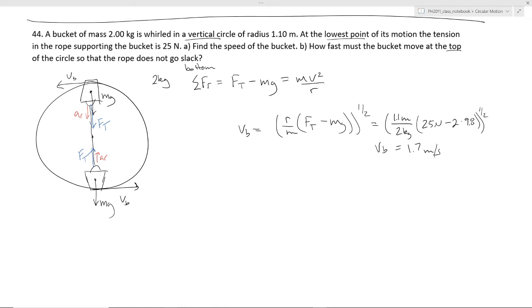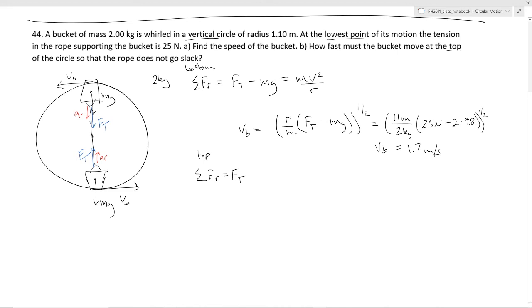So the other question is what's going on at the top? And the question is, how fast does the bucket have to move at the top so that the rope doesn't go slack? So in this situation, the tension is still positive because it's pointed towards the center of the circle in the r direction.